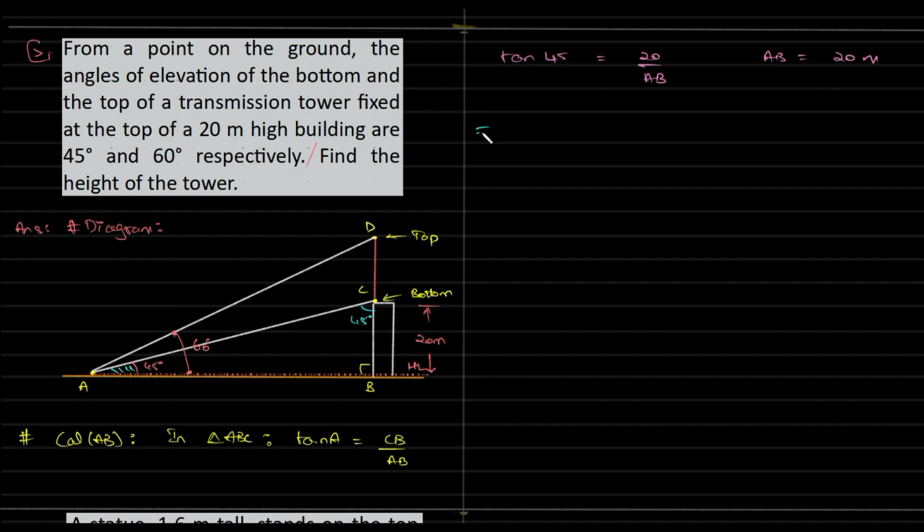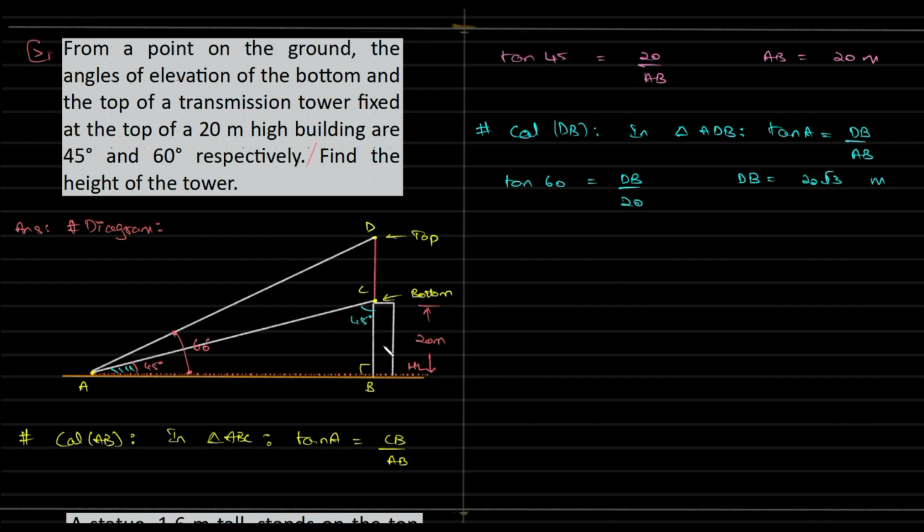Next we'll be calculating DB. In triangle ADB, we have tan of A, which is opposite by AB. So tan 60 degrees is opposite by AB, which is 20. Tan 60 is root 3. So DB is equal to 20 root 3 meters.